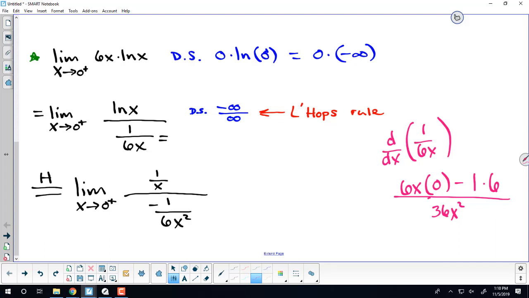I was switching the numerators, or the values in these two. Yeah, remember, quotient rule is bottom times derivative of the top minus the top times derivative of the bottom.